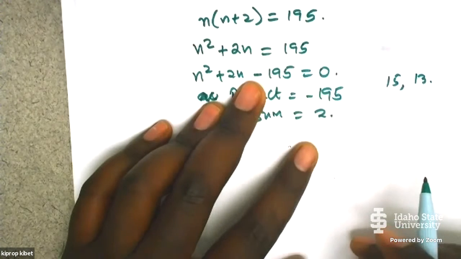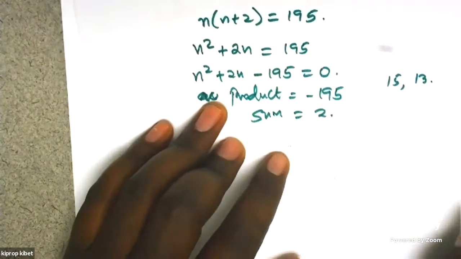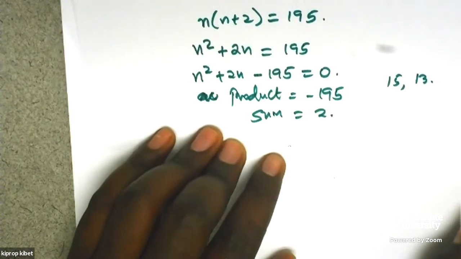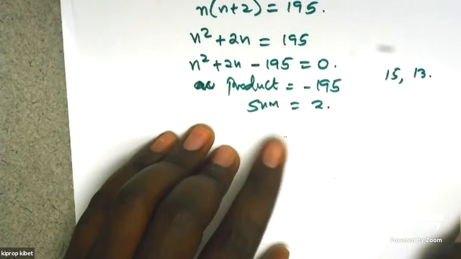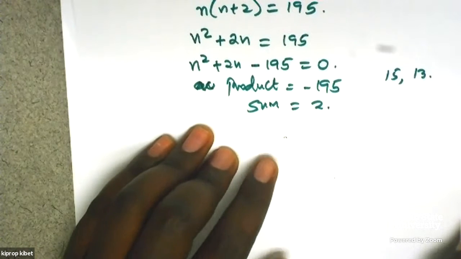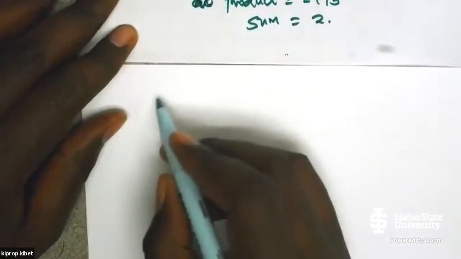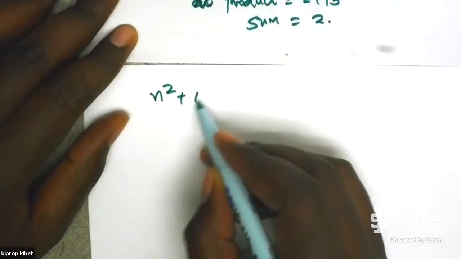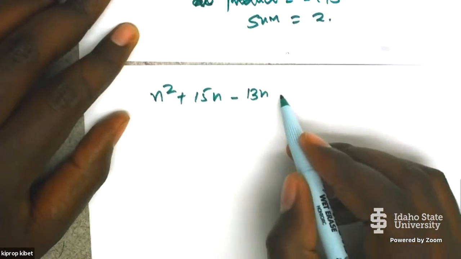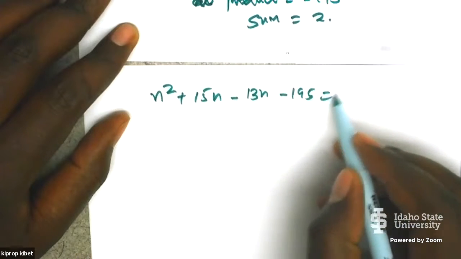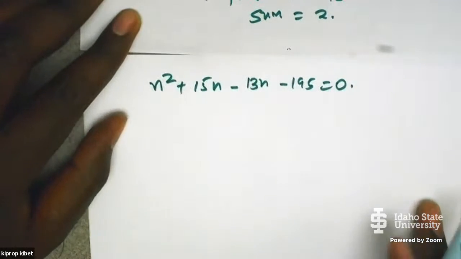So which one will be negative? 13 will be negative. Therefore it will be n squared plus 15n minus 13n minus 195 equals 0.